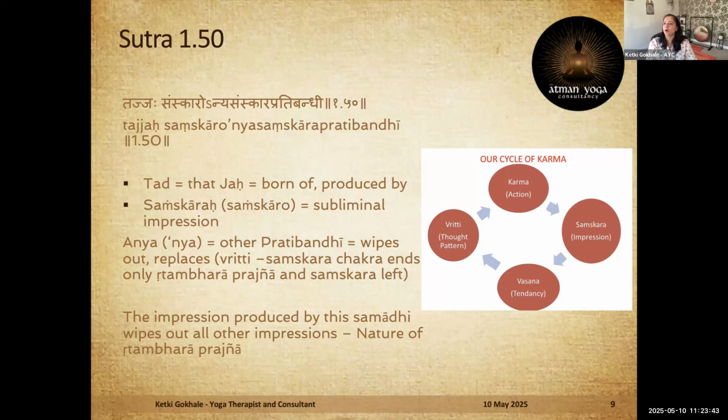So this Ritambhara or Dharma Megha Samadhi, we can say, is the topmost state of Samadhi, but still not the end. There are still higher possibilities. But we have seen not many people can reach this stage.